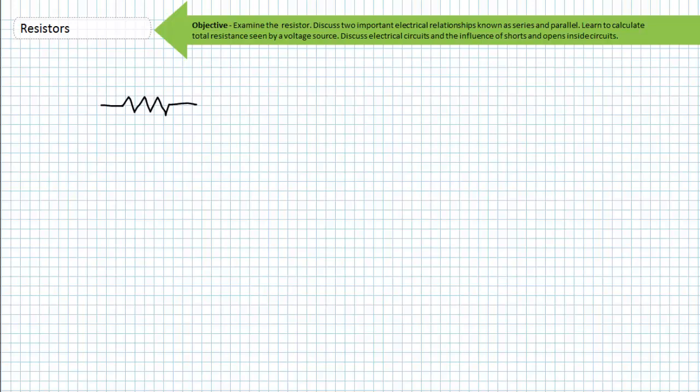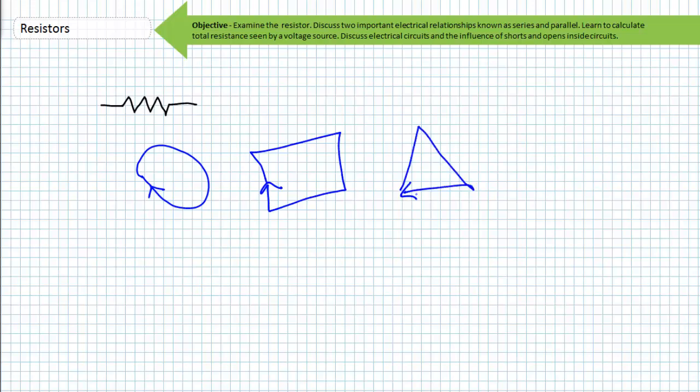Speaking of circuits, realize a circuit is exactly what the term is meant to imply. This is a super important topic, and I'm including it in the resistor discussion because they go hand in hand quite well. A circuit is a complete path or closed loop. The loop could be a single circular, rectangular, triangular, or any other shape forming a complete loop.